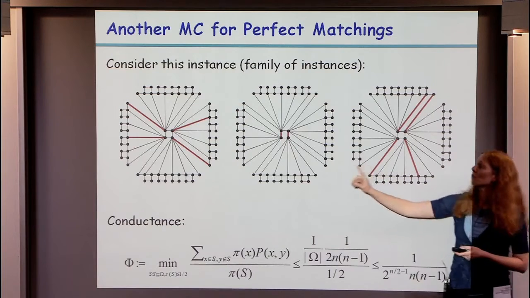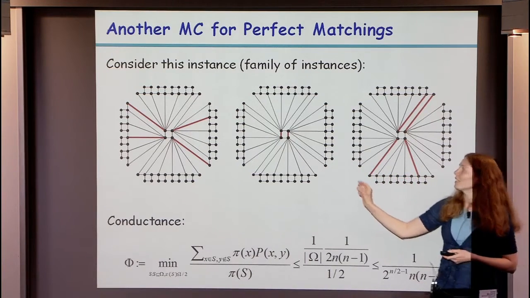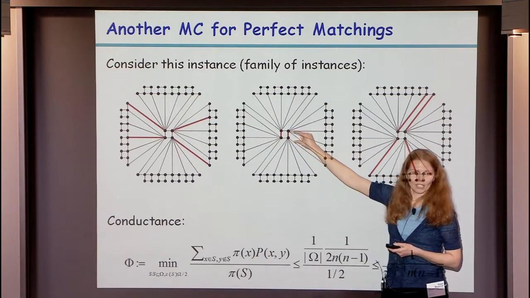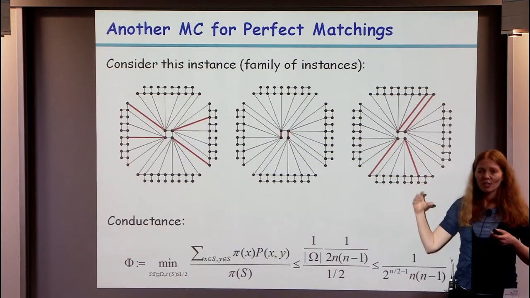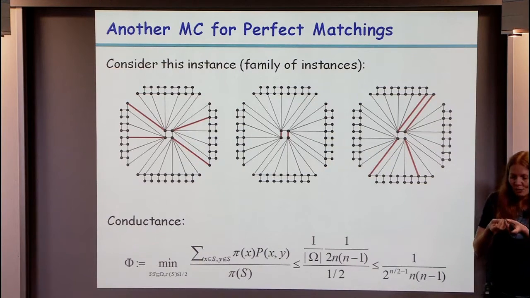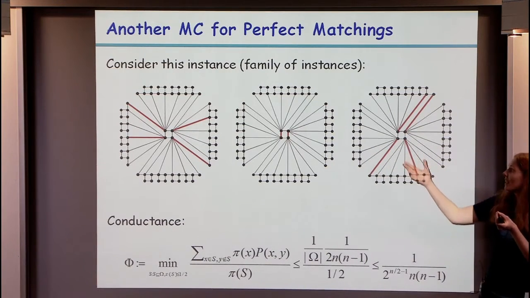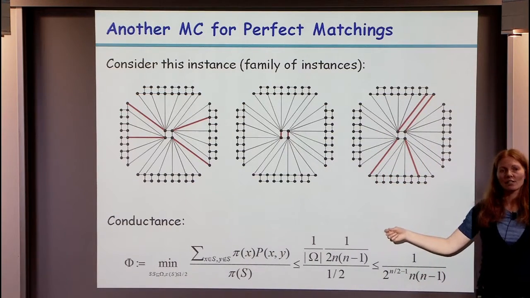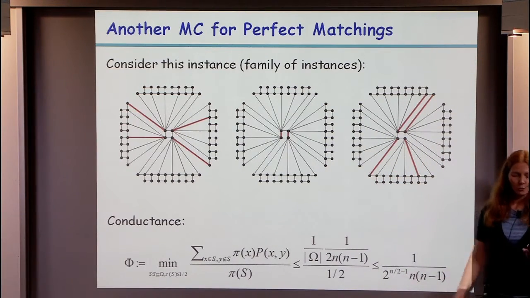But the way to move from left to right is to get the 4 vertices matched to each other and then flip them, and that's how we get to the right. So if I look at the geometric properties of my transition graph, I have exponentially many on the left, exponentially many on the right, and just one connection between them.